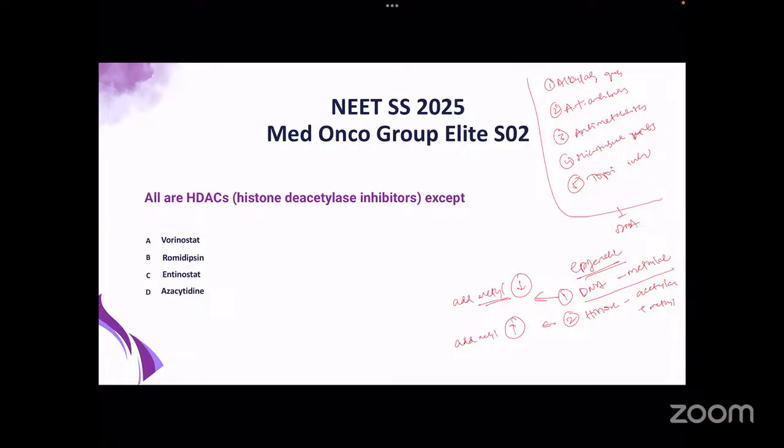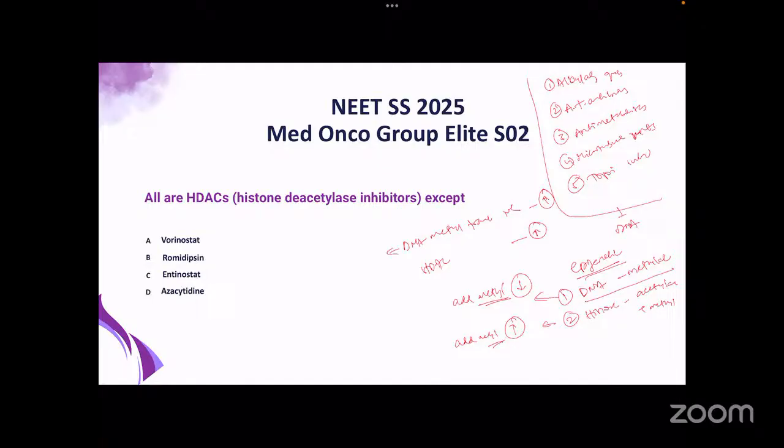So the epigenetic drugs which are used are the DNA methyltransferase inhibitors. We are preventing the transfer of methyl group so that we increase the DNA multiplication. Then histone deacetylase inhibitors. That means deacetylation is inhibited, so we are adding acetyl group. Again, we are increasing the DNA multiplication. Many of these cancers are caused because of the inhibition of DNA replication, especially of tumor suppressor genes. So epigenetic drugs will act.